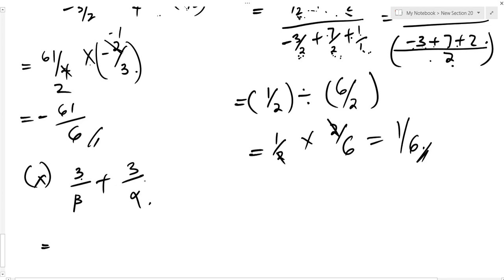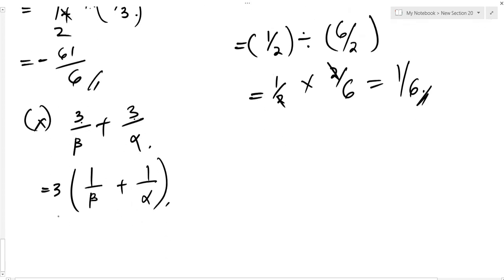Now this is equal to, you have a common value here, which is 3 and 3. Let's factorize it out. You are left with 1 over beta plus 1 over alpha. So this fraction, what is the LCM of alpha beta is alpha beta.